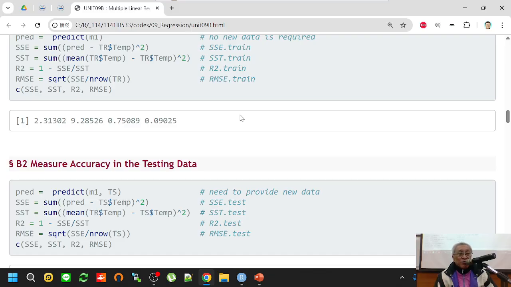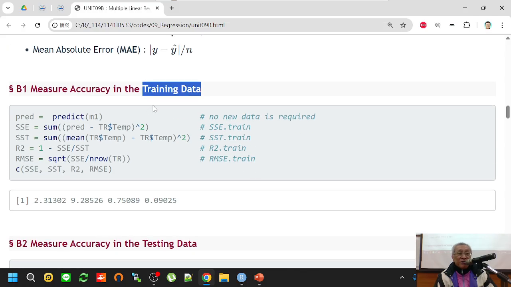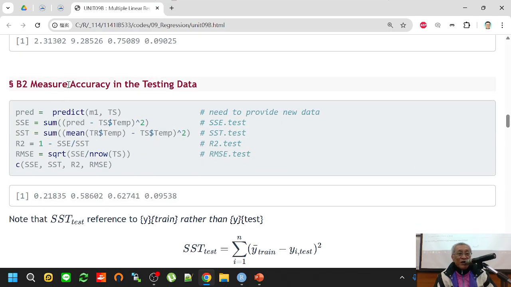When we want to measure the accuracy of a model, we want to measure it with data that has not been used during training. The model is good only when it can predict values that it has not seen before.